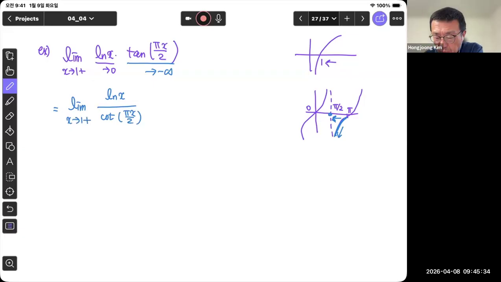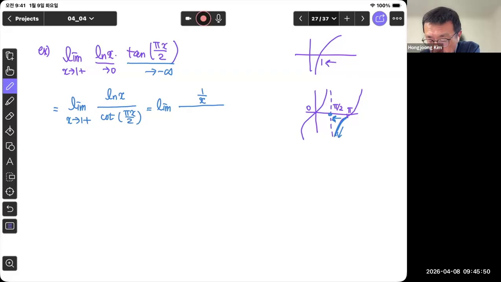Now, I can apply L'Hopital's rule, right? So if I differentiate log x, you get 1 over x. What is the derivative of the cotangent function?